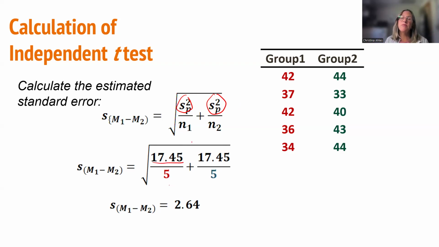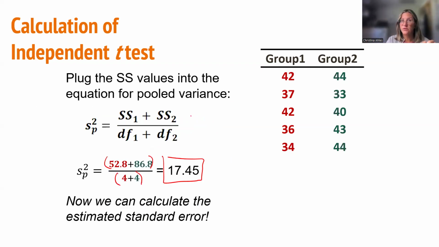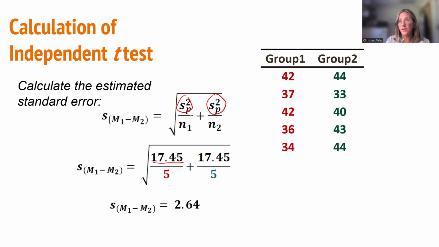And this is probably where I see students make the biggest error. Your degrees of freedom should only be used in the variance equation. So let's go back. This is a form of variance, the pooled variance, so we're using the degrees of freedom here in the denominator. We do not use the degrees of freedom in the error equation.